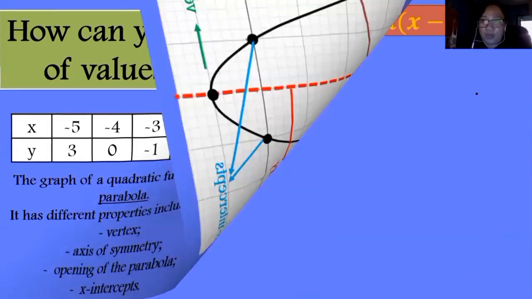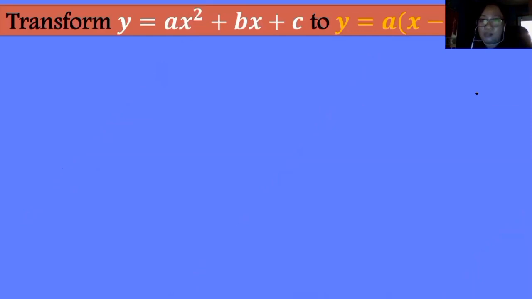And the third way to represent a quadratic function is by an equation. This y equals ax squared plus bx plus c is what we call the general form.